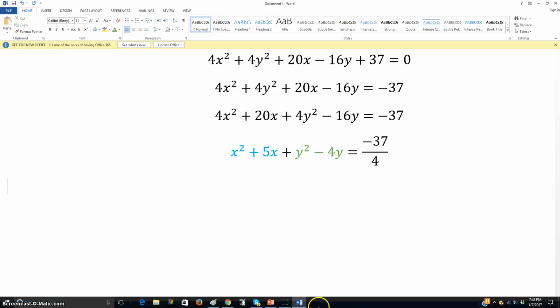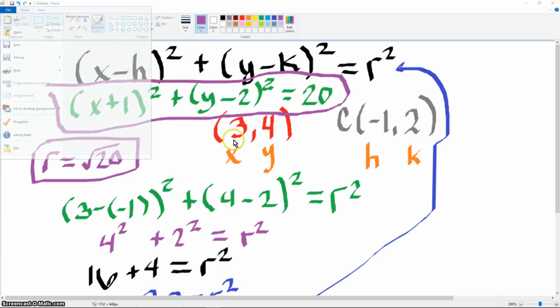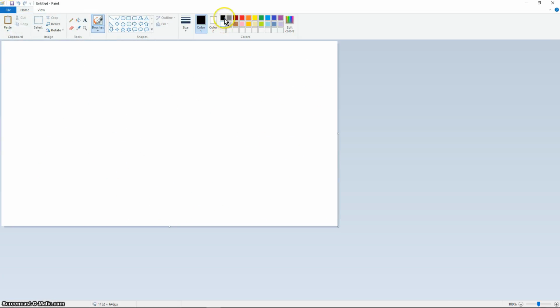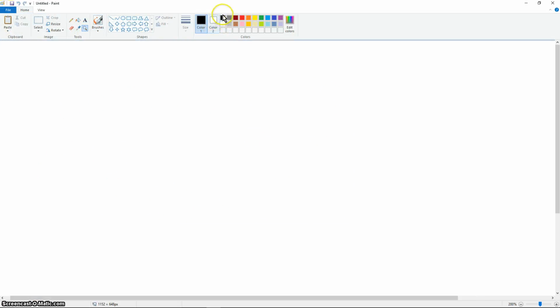So I'm going to do x squared plus 5x on the paint. I'm going to take this 5 right here and half it, in other words, divide by 2.